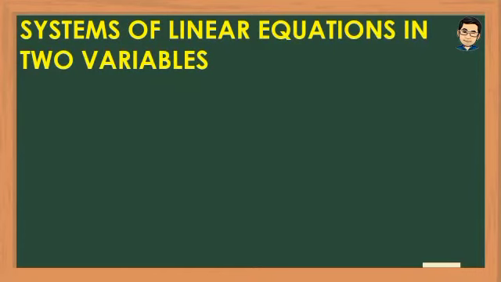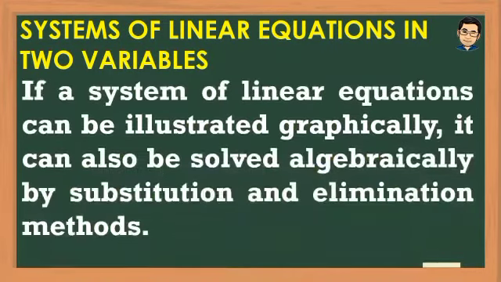Systems of linear equations in two variables. If a system of linear equations can be illustrated graphically, it can also be solved algebraically by substitution and elimination methods. Pinakita ko sa inyo dun sa previous video lessons ko yung systems of linear equations, yung consistent independent, consistent dependent, tsaka inconsistent graphically.